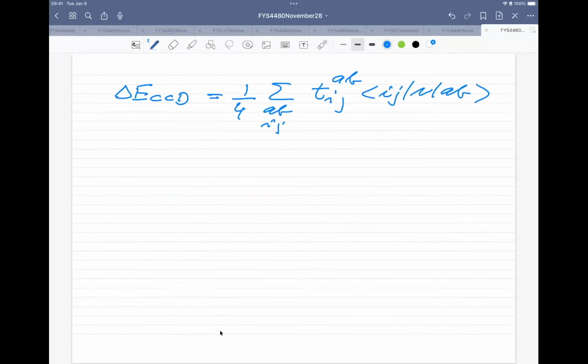So if you now look at the configurations which you have, these are all the possible configurations. This is something which you would just translate into a new label. So this I here contains all two-hole configurations.